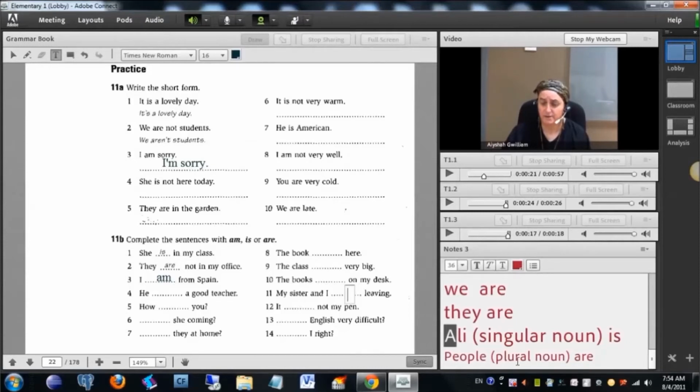If there are 2 people, it's like we, or it can be like people. Okay? In this case, you use are. Okay, my sister and I are leaving. All right? Now I want you to complete this page, and when you have finished, we will mark it together. Off you go.